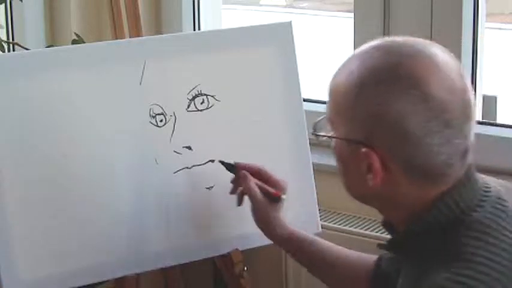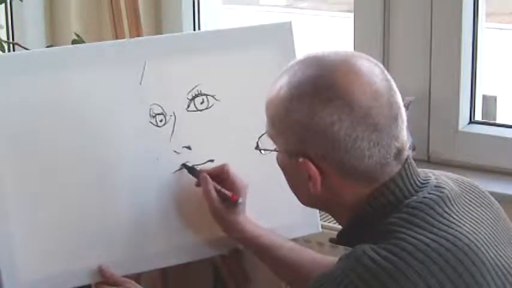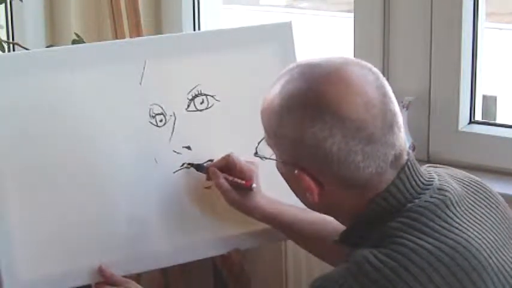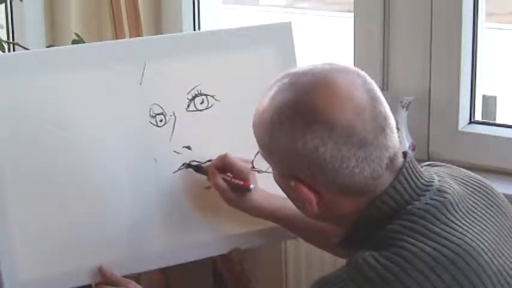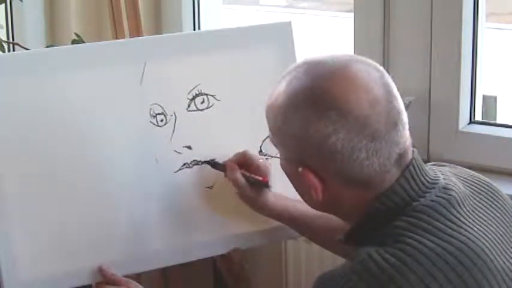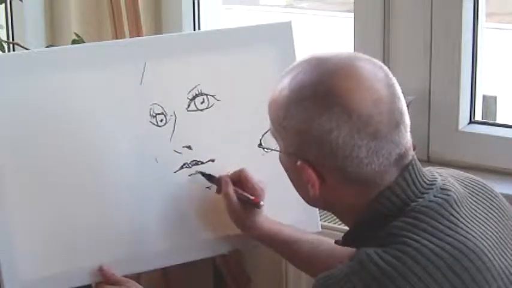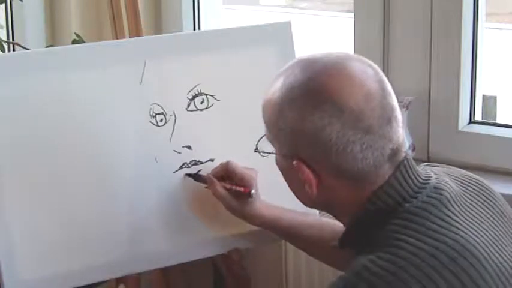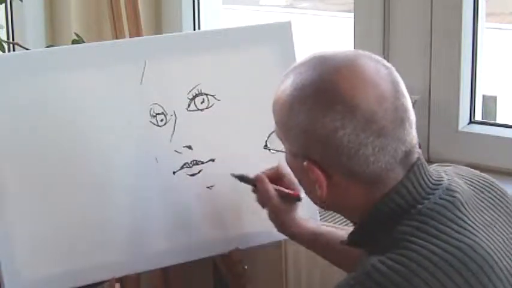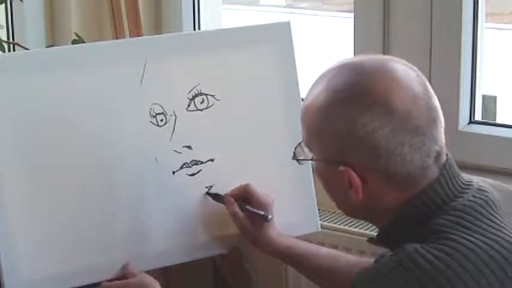So I'll just sketch it down for you. This is darkish and this is brightish, right? However you really want to paint this later.